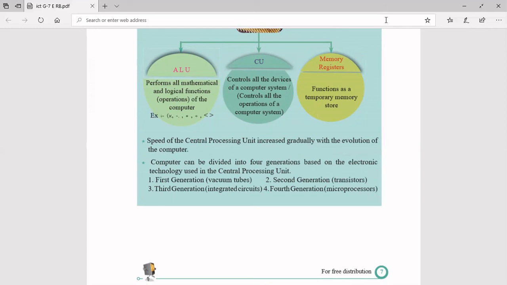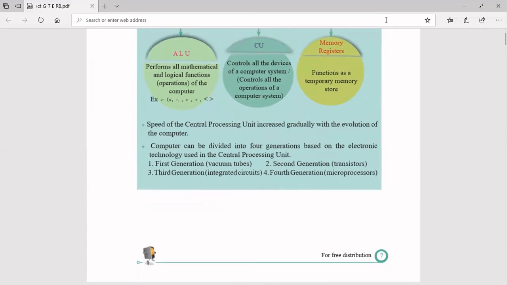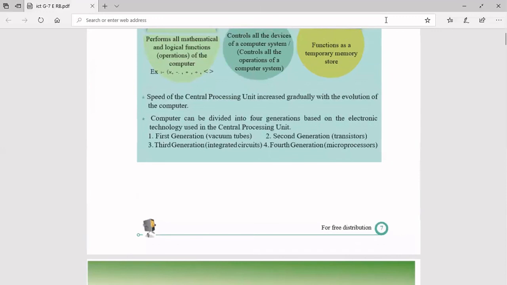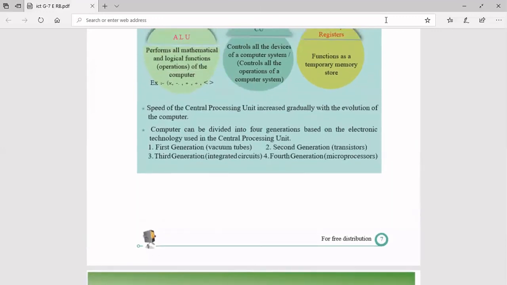Okay. And so for the evolution of the CPU, there were basically four generations: first generation, second generation, third generation, and fourth generation. So you should know what technologies they have used: vacuum tubes, transistors, integrated circuits, microprocessors.